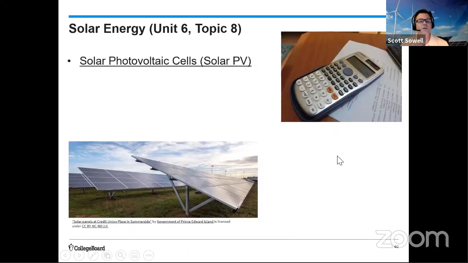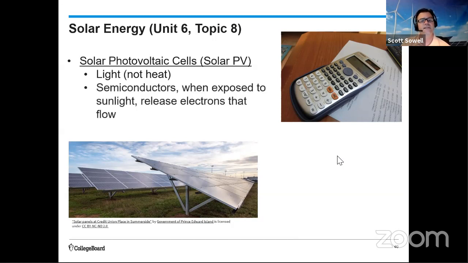All right, so now let's go with what you're probably more familiar with, solar photovoltaic cells, or just PV or solar PV. This is about light. This is not about heat like the other things. And this is when we have these semiconductors within the panel. And as soon as they're hit by the light, they release the electrons, and those electrons begin to flow, and then we have electricity.